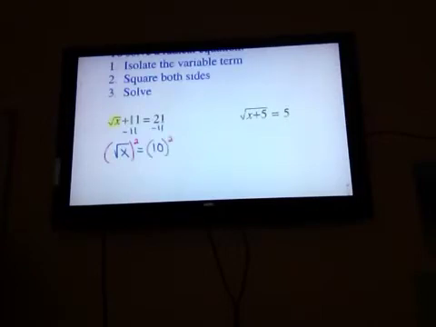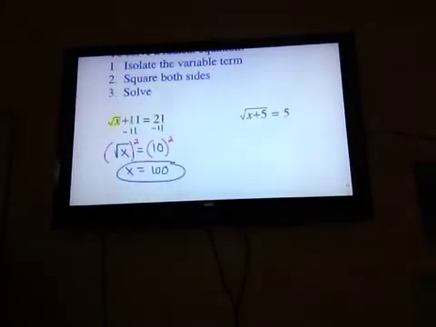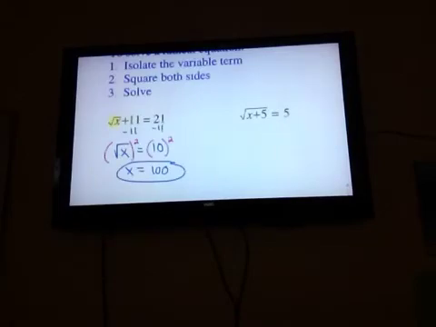When I take the square root of x and I square it, I just get what's underneath, just that x, equals 10 squared, 100. X is by itself, so that is my answer. That's it.